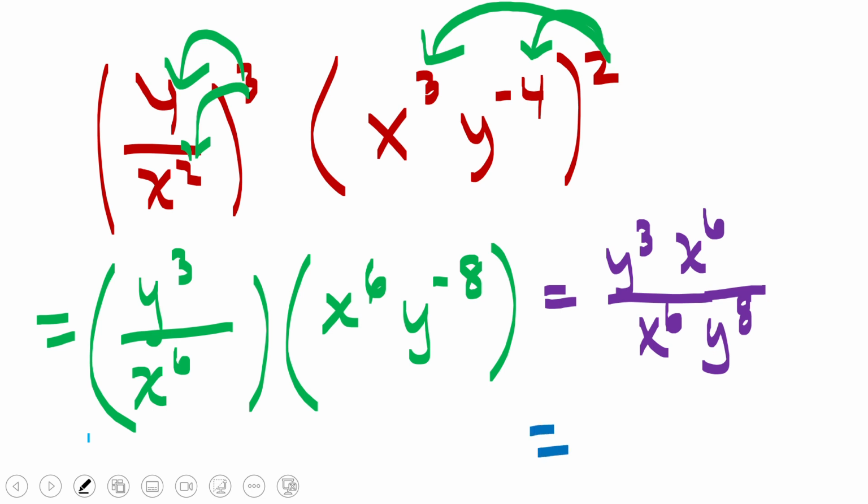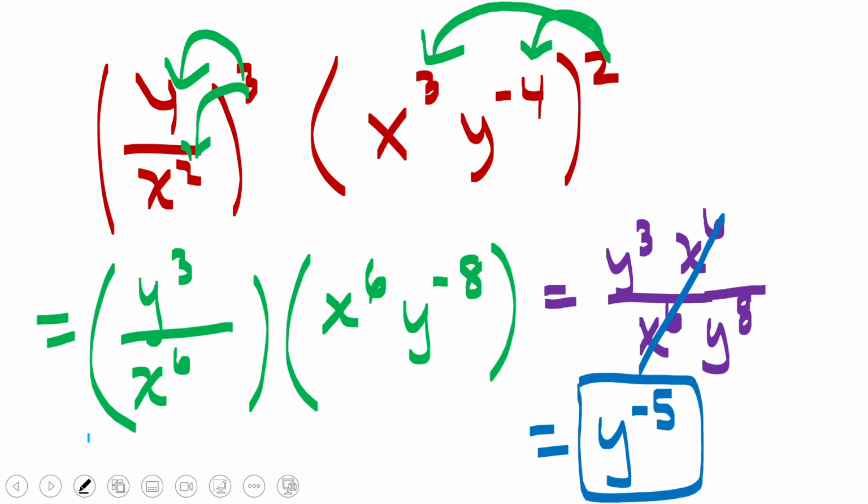And what happens is x to the 6th over x to the 6th cross cancels. 3 minus 8 is a negative 5. And you will have y to the negative 5th power for your final answer.